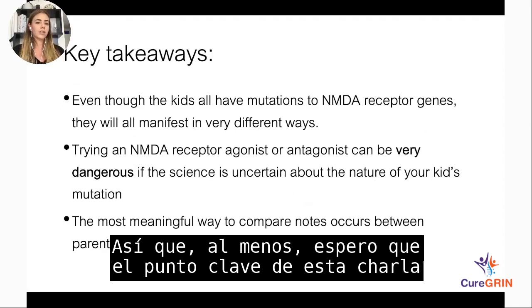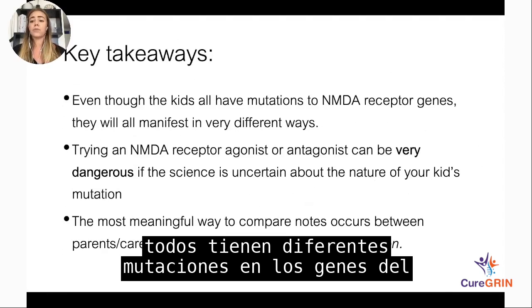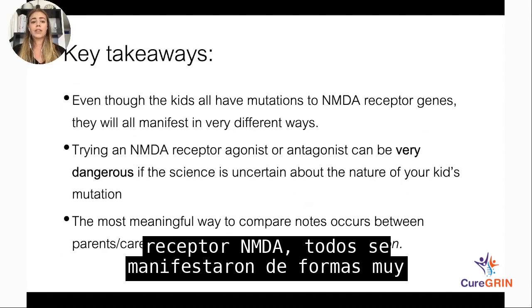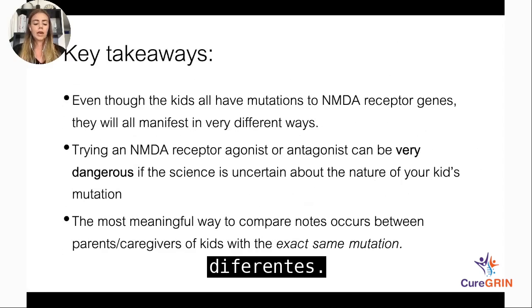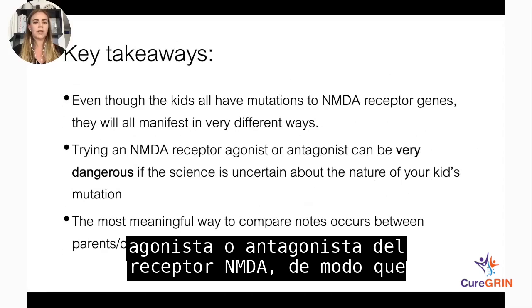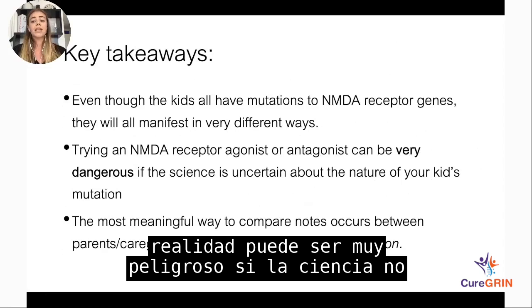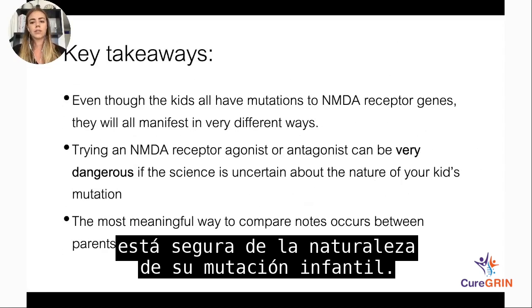If nothing else, I hope the key takeaway of this talk is that even though the kids all have different mutations to NMDA receptor genes, they will all manifest in very different ways. The other big thing I should mention is that trying an NMDA receptor agonist or antagonist, something that binds to the receptor or prevents binding to the receptor, can actually be very dangerous if the science is uncertain about the nature of your kid's mutation.